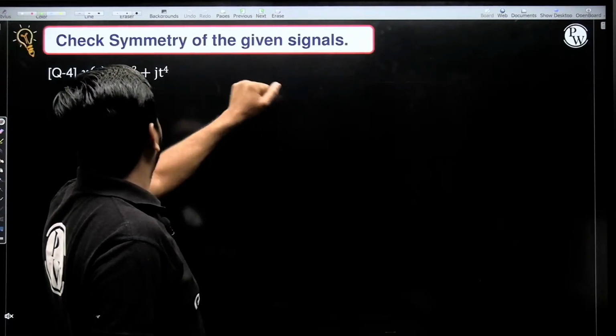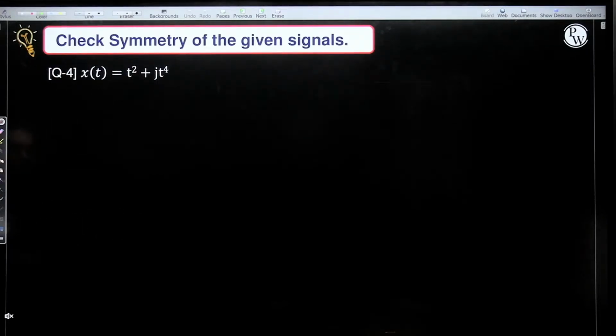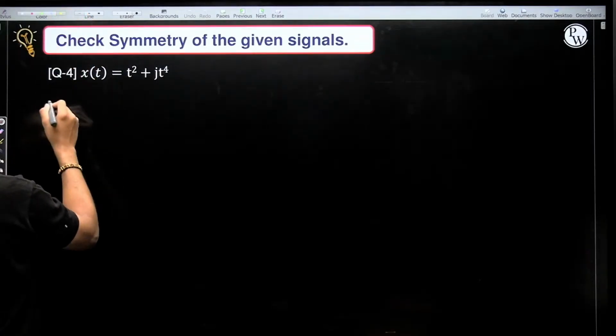Now this one: t square plus j t to the power 4. Conjugate odd, even, or neither?